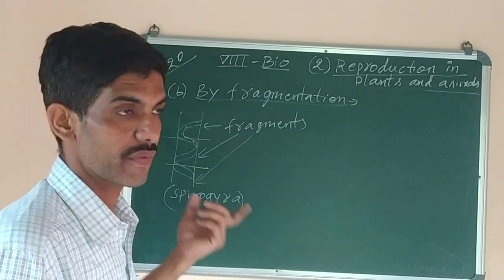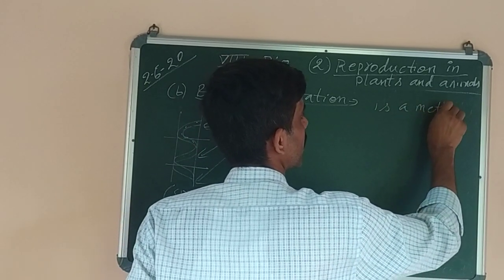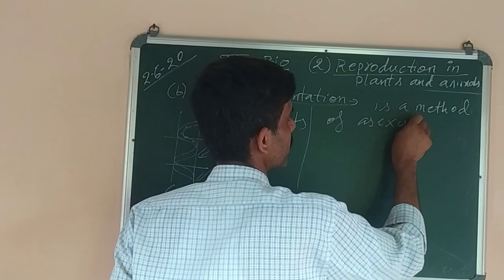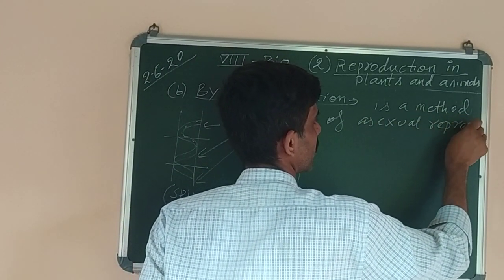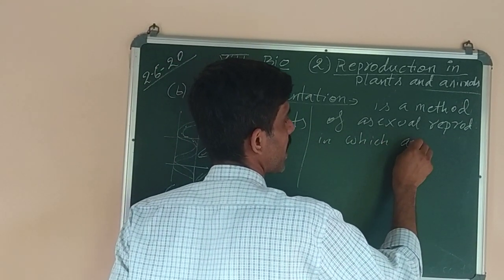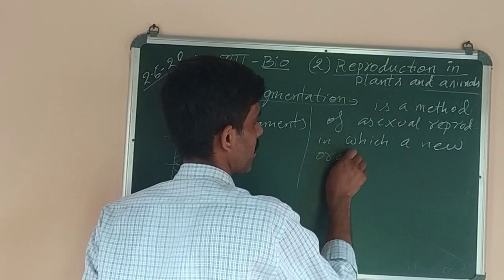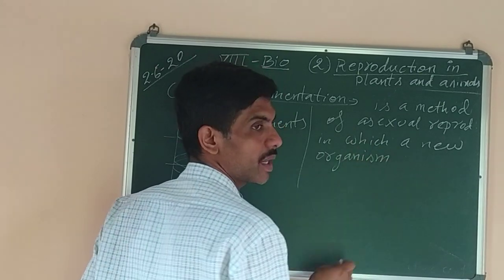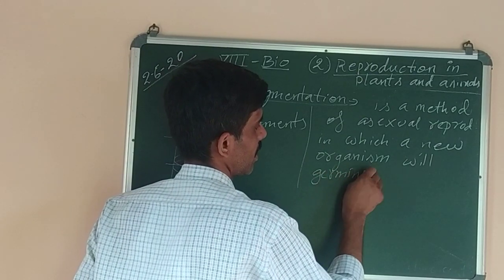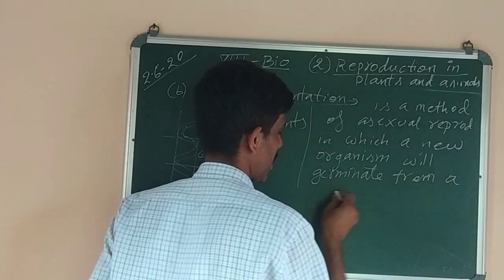So how to write it? Fragmentation is a method of asexual reproduction in which a new organism will germinate from a fragment.